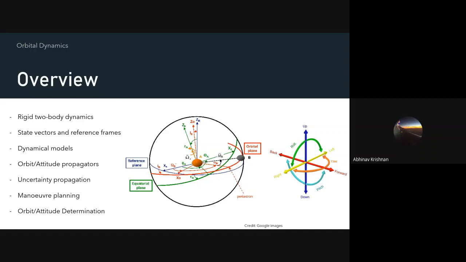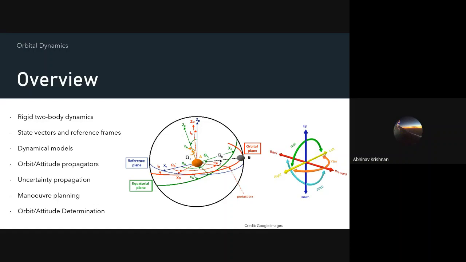Pardon the pun. You have the dynamical models, like gravity, third body perturbation, solar radiation pressure, air drag, space weather models, etc. Then you have orbit and attitude propagators. On the right, you can see how the attitude of a satellite is typically represented.